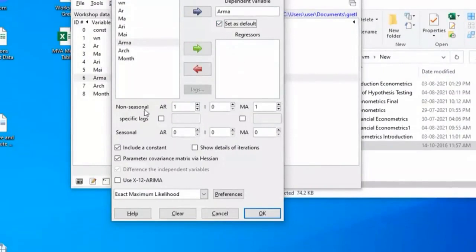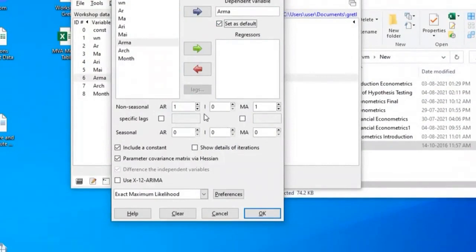Now we have two types of ARMA here. One is non-seasonal, that is the annual data specific one without any seasonal effect. Non-seasonal AR or non-seasonal MA. Similarly, non-seasonal integration. Remember, we are modeling an ARIMA process. ARIMA, I refers to the integration.